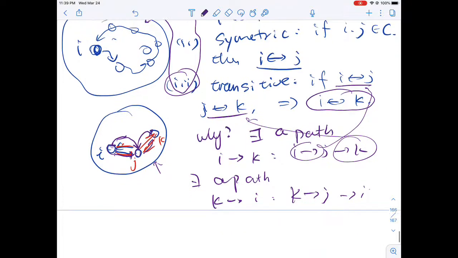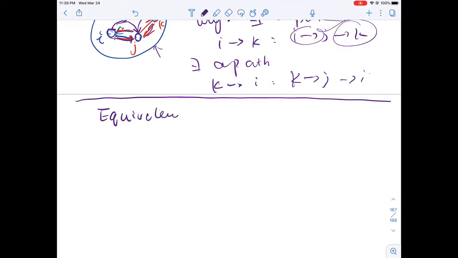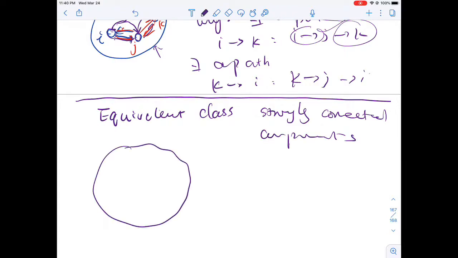Now, the equivalent class and the strongly connected components are closely related. Look at this directed graph.